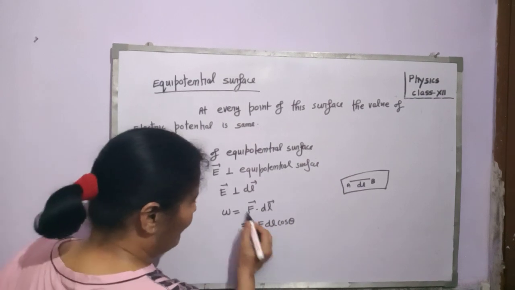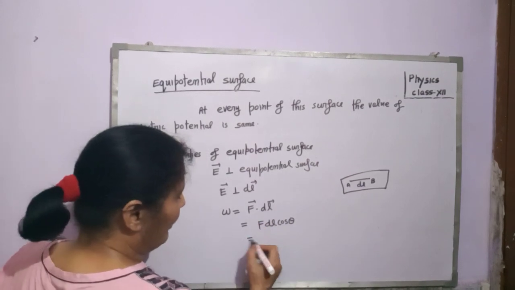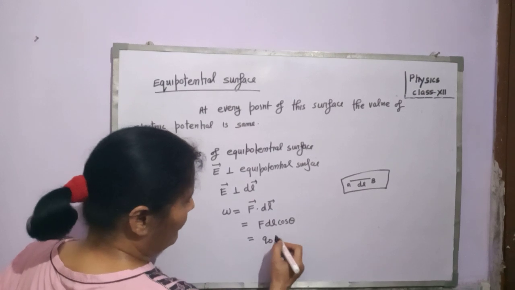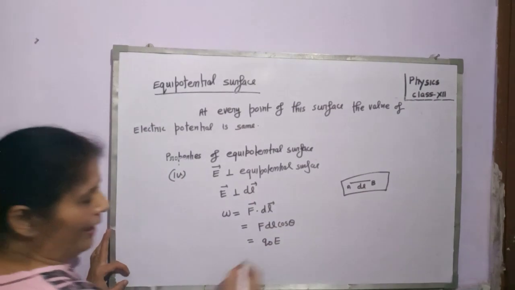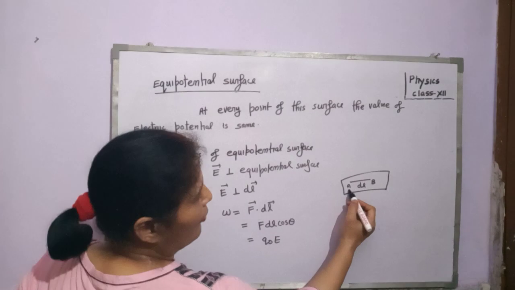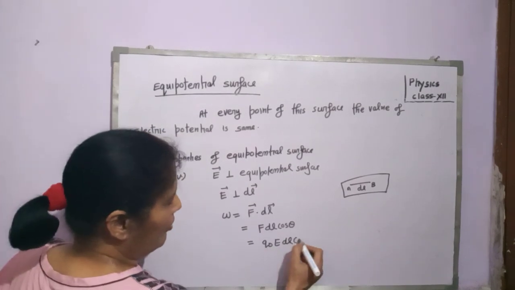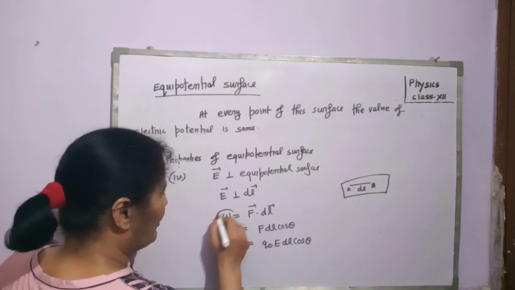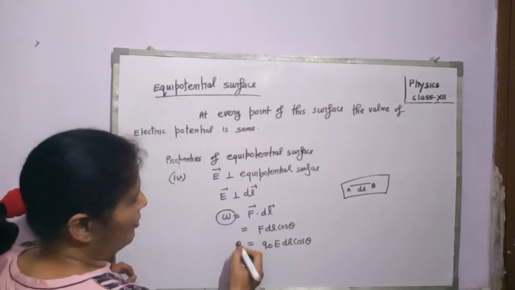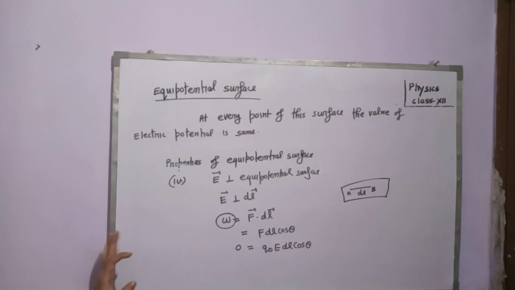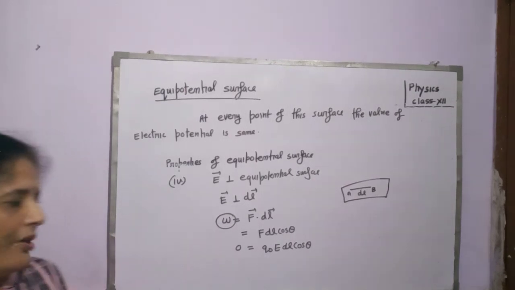In place of F, you can write Q naught E, where E is the value of the electric field and Q naught is the charge which is moving from point A to B. So Q naught E dl cos theta. And the work done, by the third property, is equal to 0. No work is done in moving a charge on an equipotential surface.